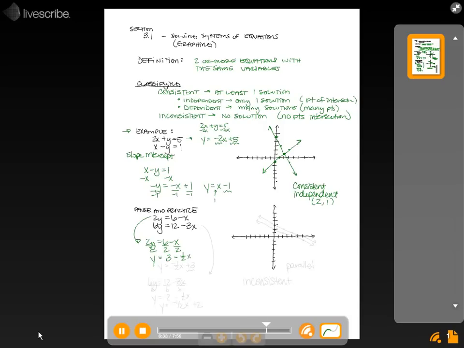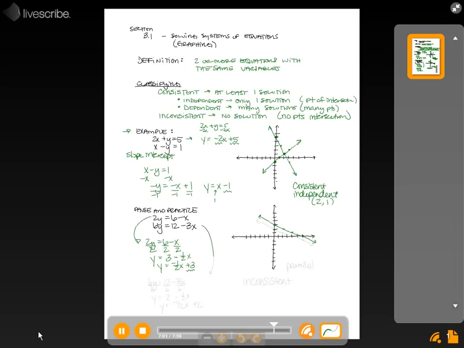Now that's still not in slope-intercept form, we got to switch it around. y equals negative 1/2 x plus 3. Now it's in slope-intercept form. Well, there's our intercept, 3. So we're going to plot that point. And then we need to go down 1 over 2. Down 1 over 2. Let's do one more. We'll put 4 points on there. Alright, there's our first line.